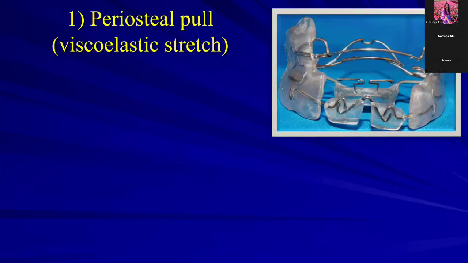You cannot determine that in a prefabricated appliance, which is all molded into one shape. Here, the difference is that it goes deep into each patient's sulcus and keeps everything away.